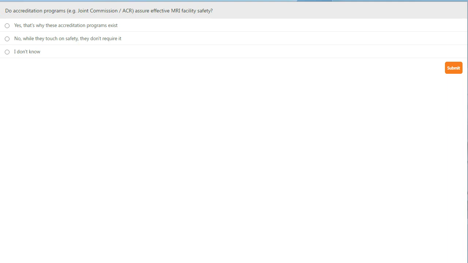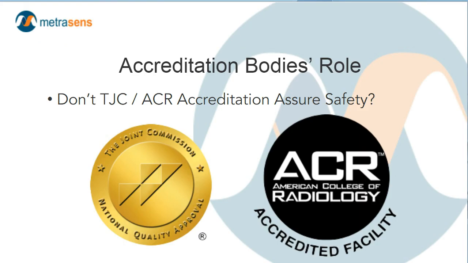The next most frequent source of pushback that I get to the idea of the designer taking a more direct role in patient safety is, okay, well, if not the manufacturer, then the accrediting organizations, right? Every accrediting organization has in their logo something about assuring quality and safety, right?